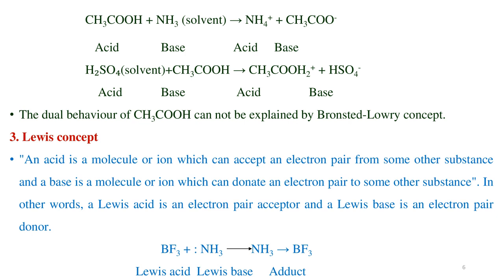An example is boron trifluoride reacting with ammonia, where the nitrogen has a lone pair of electrons. The nitrogen donates its lone pair to BF3 to form an adduct. Here BF3 acts as a Lewis acid and ammonia acts as a Lewis base.